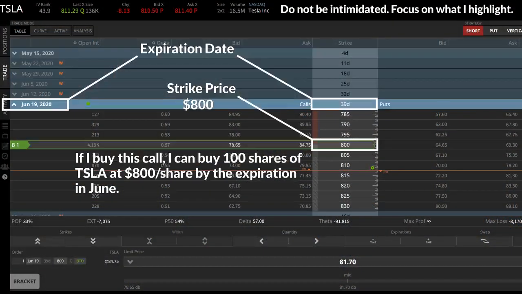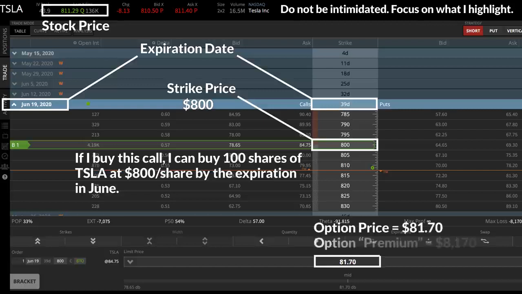Now let's note that the current Tesla stock price is $811. So the stock price is the current market price of the shares, but we are looking at a call option with a strike price of $800. In the bottom middle of this image, we can see that the option price is $81.70. But remember, this is not the actual value or premium of the option.